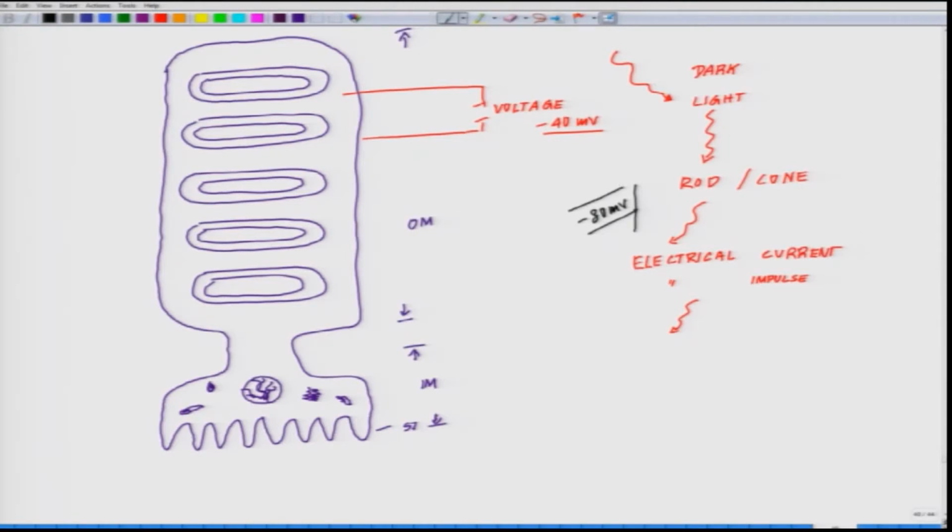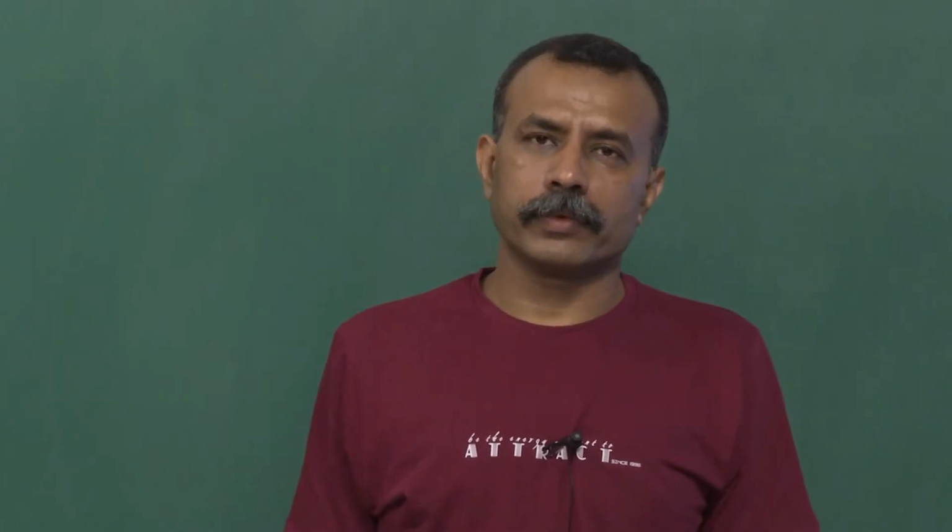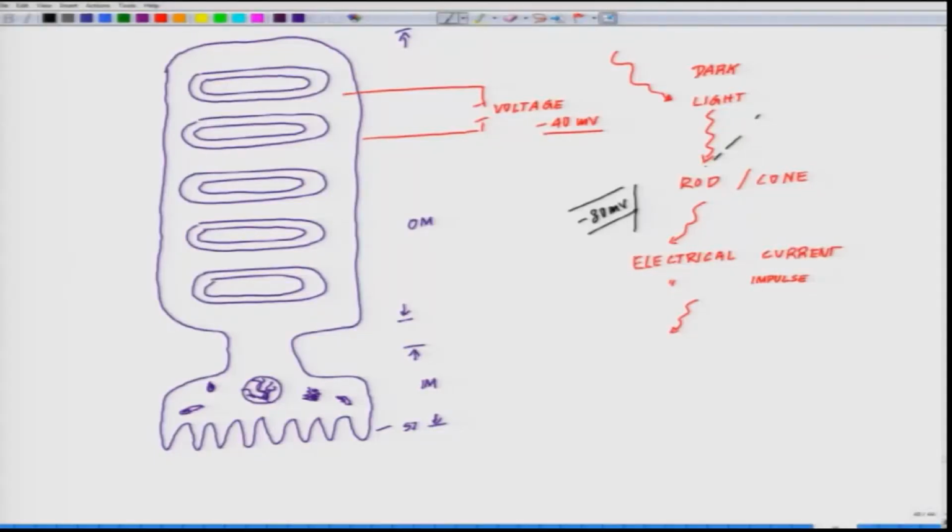That means when you are shining light, the cell is not responding. So, this is basically breaking your paradigm, right? There is no electrical current generated when the light is being shined.